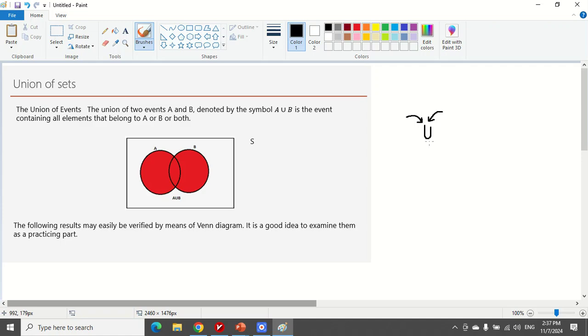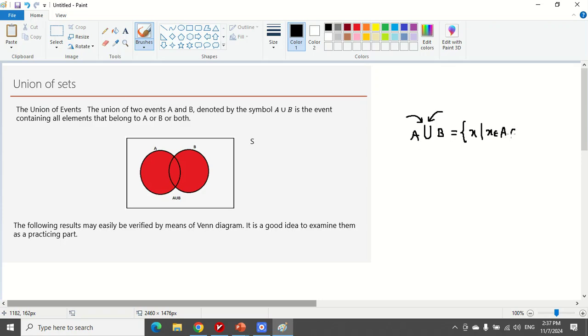This can help you memorize the union symbol. If we take the union of A and B, we are looking for a set that contains, let me open the braces, all elements X such that X belongs to A or X belongs to B.